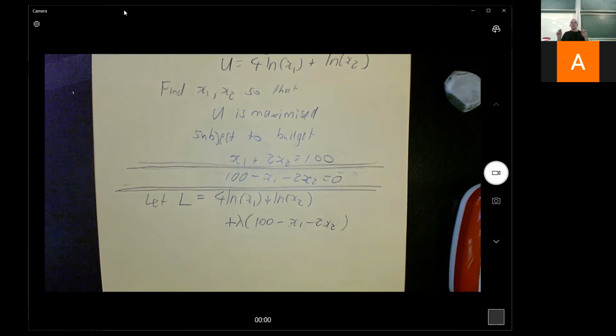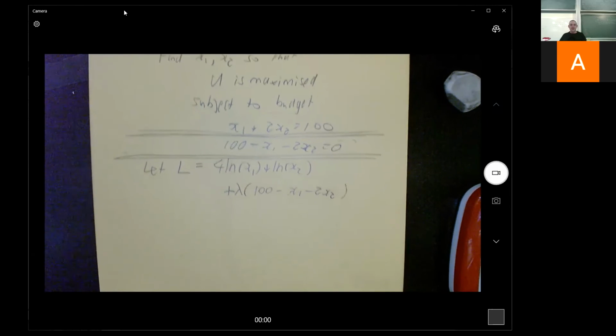The idea behind this is to say, what if I didn't spend the whole budget and I'd still have some money left. 100 minus the amount of stuff I spend is the amount of money I've got left. Or if it's not money, it could be anything, but I'm going to say money. And the lambda's there because Lagrange had this cool idea, and so we're just going to run with it. Okay.